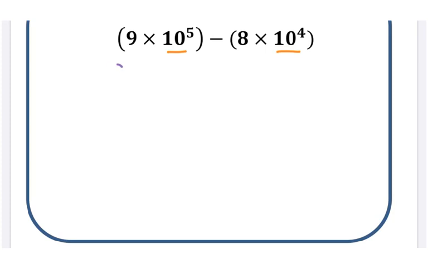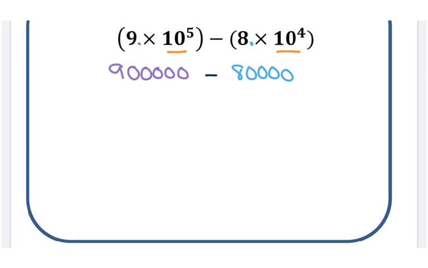So this would be 9, and I need 5 zeros because my decimal would be here. Minus, and this would become 8, and then I would need 4 zeros because my decimal would be here as well. And then I can subtract.